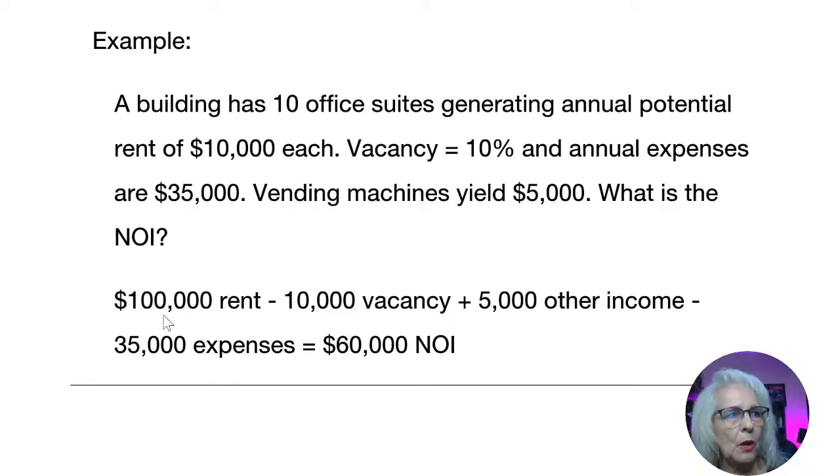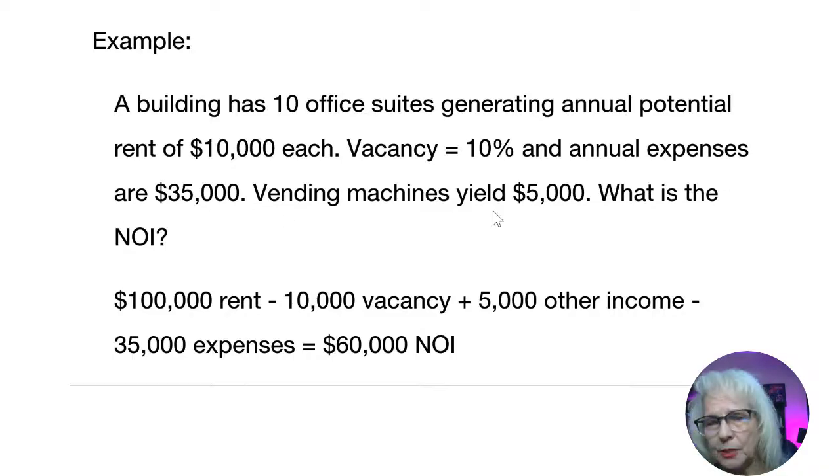Okay, so 100,000 was the rent that they get. A building has 10 office suites generating annual potential income of 10,000 each. Annual, not monthly. Vacancy, 10%, so that'll be 10,000. The annual expenses for all 12 months are 35,000.